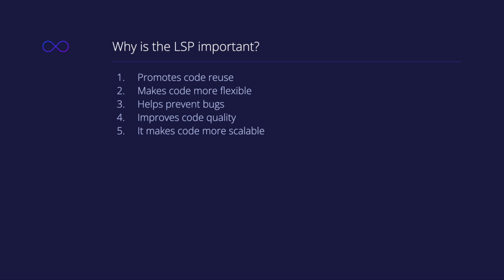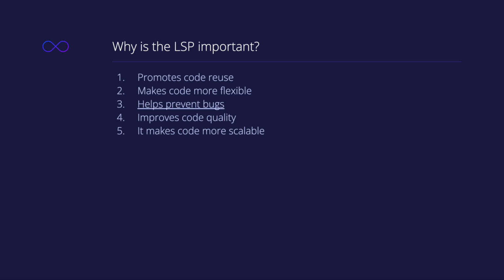Here are 5 benefits of using the Liskov Substitution Principle. It promotes code reuse, by encouraging the creation of abstract classes and interfaces that can be implemented by multiple subclasses. It makes code more flexible and adaptable to changes by allowing new subclasses to be added without affecting the existing code.